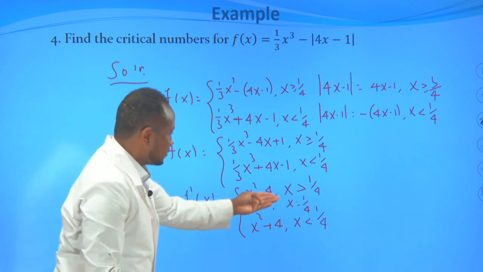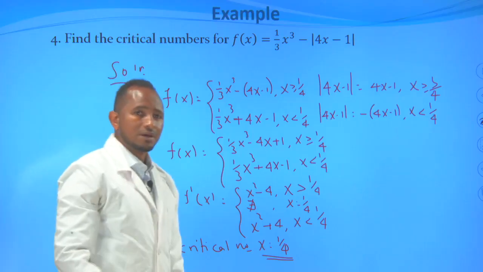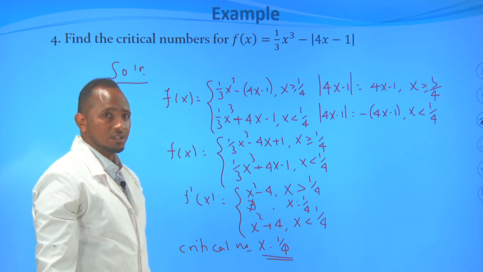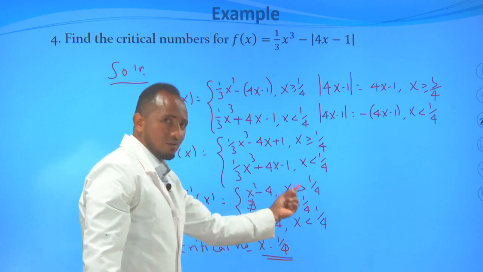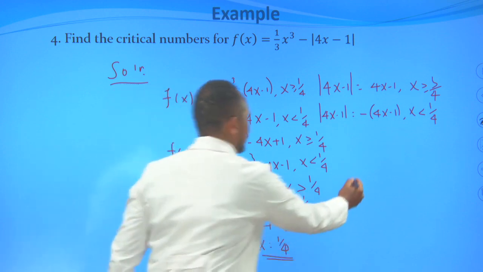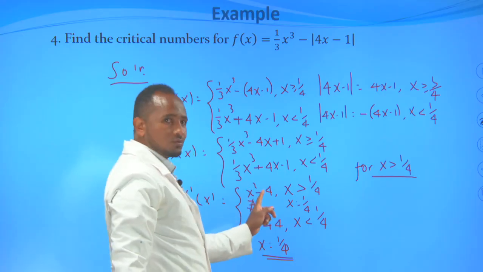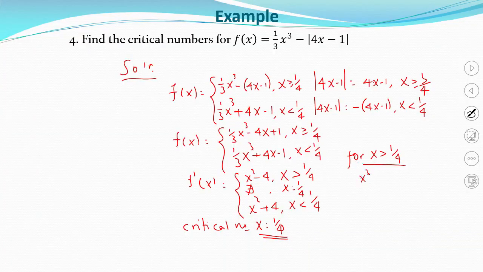So we'll try to find also the other critical number. One critical number is x equals 1 over 4. To determine the other critical number, we need to check where the derivative of this function is 0. Look at the interval x greater than 1 over 4, where the derivative is x squared minus 4. Is there a point where the derivative will be 0 on this interval?